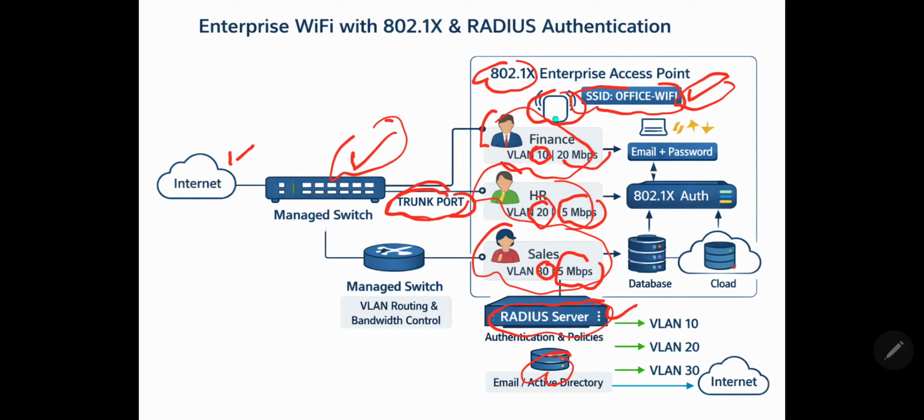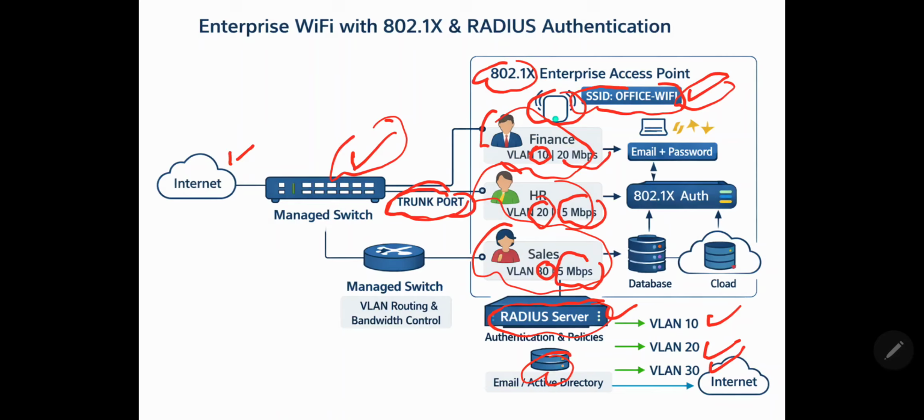Okay, and for VLAN separation, department network separation, users are placed into different VLANs. For example, VLAN number 10 for finance, VLAN number 20 for HR, and VLAN number 30 for sales. And every department has a different bandwidth.